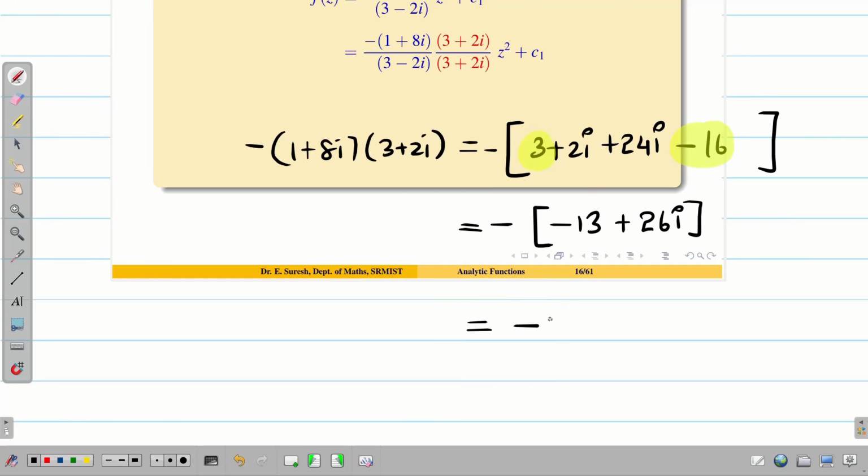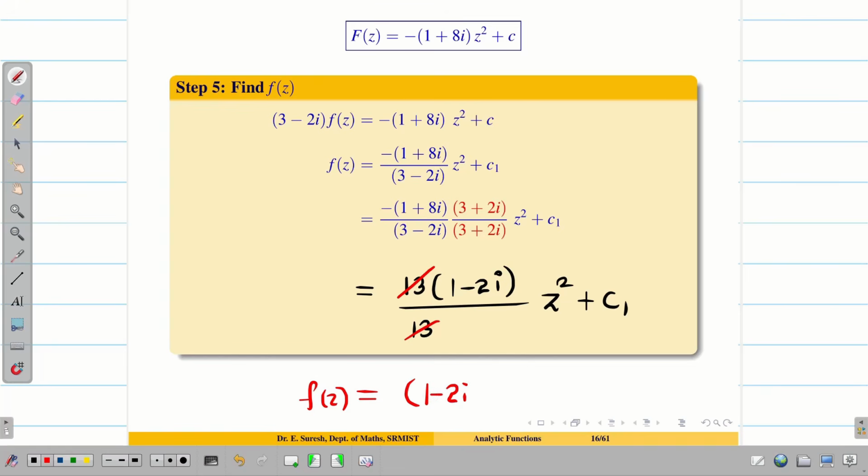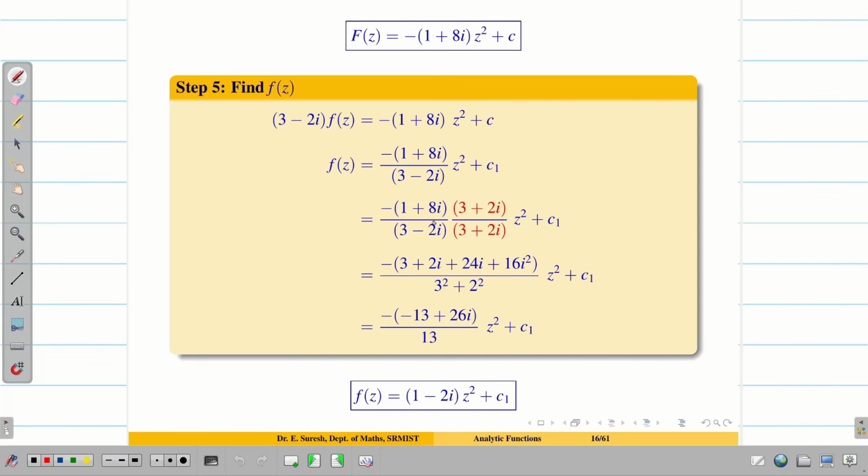Now we can take minus 13 in common, so we get (1 minus 2i). So minus into minus is plus, therefore my numerator is 13 into (1 minus 2i). My denominator is 13 into z square plus c1. Now I can cancel this 13, so we get small f of z is (1 minus 2i) into z square plus c1. This is my final answer.